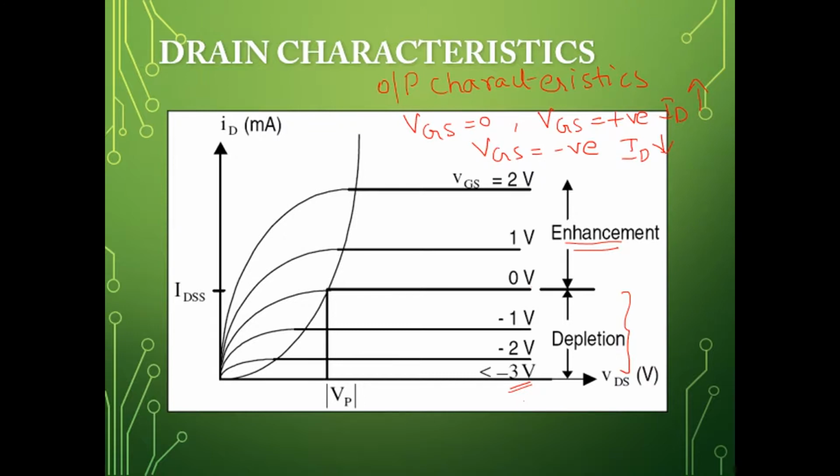And always do remember, if VGS is 0 or positive, in the case of a depletion type it conducts, even negative it conducts. But for enhancement type MOSFET, your VGS should always be positive. Okay, it cannot be negative. So VGS should be either greater than the pinch off voltage or threshold voltage, or VGS should be positive for enhancement type MOSFET to conduct.